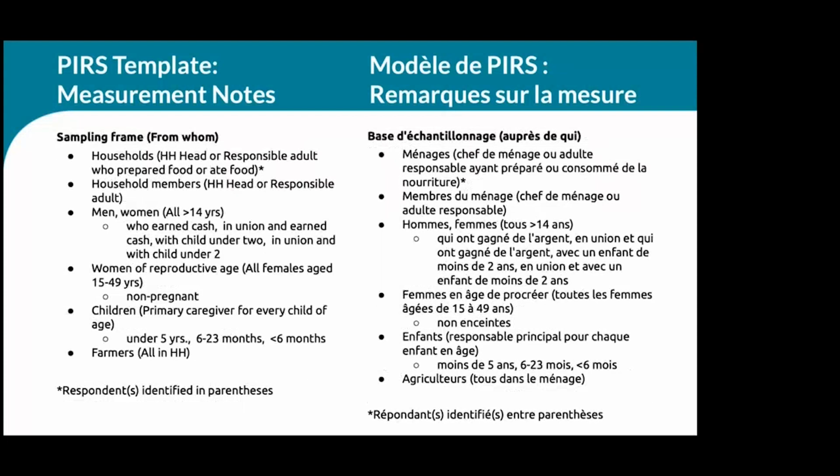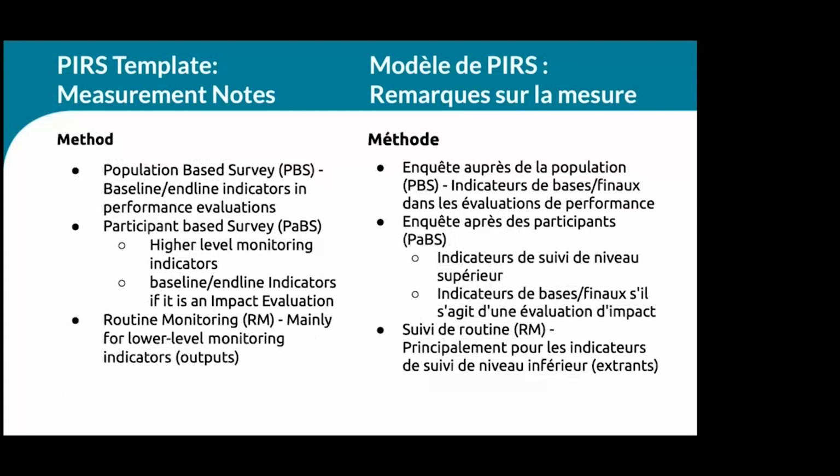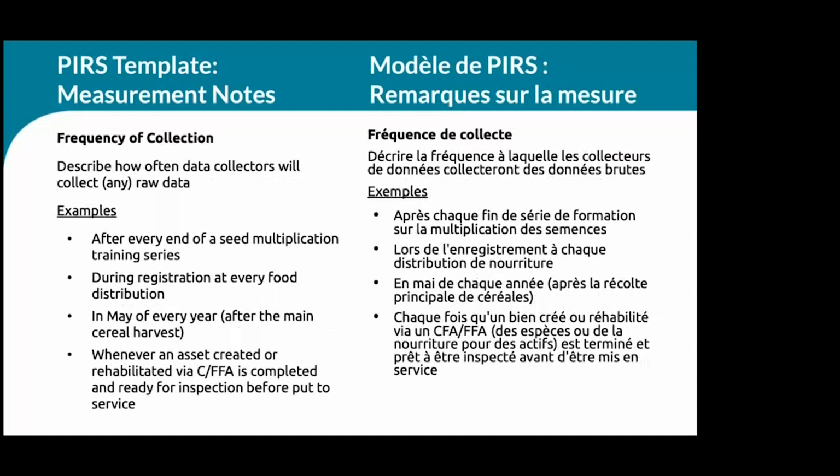And then the sampling frame, from whom you're collecting the information. And then the method. So whether it's collected through population-based survey, participant-based survey, or routine monitoring. And then frequency of data collection. So you can see here some examples of what you might put in that column.